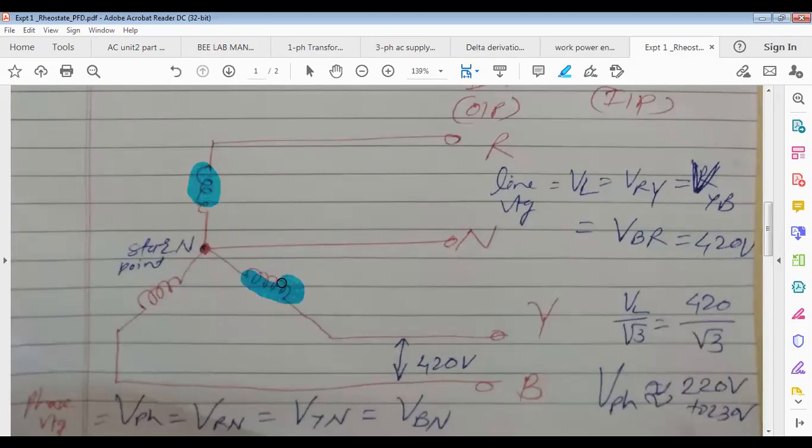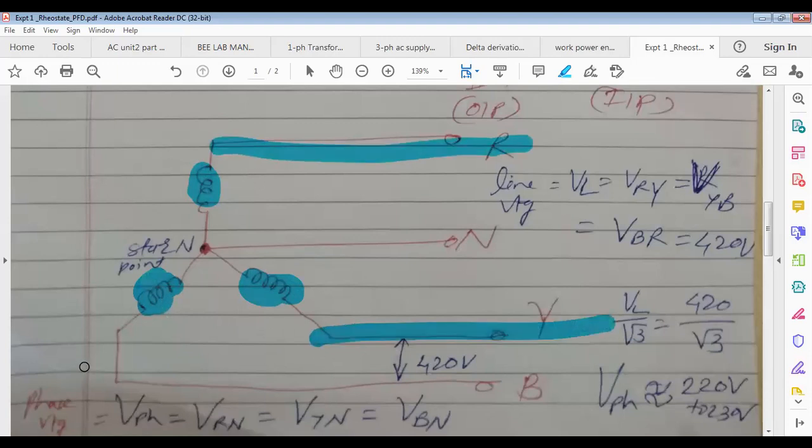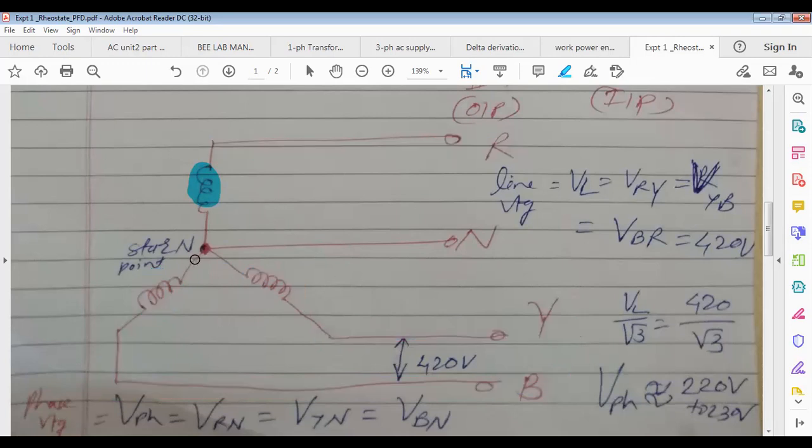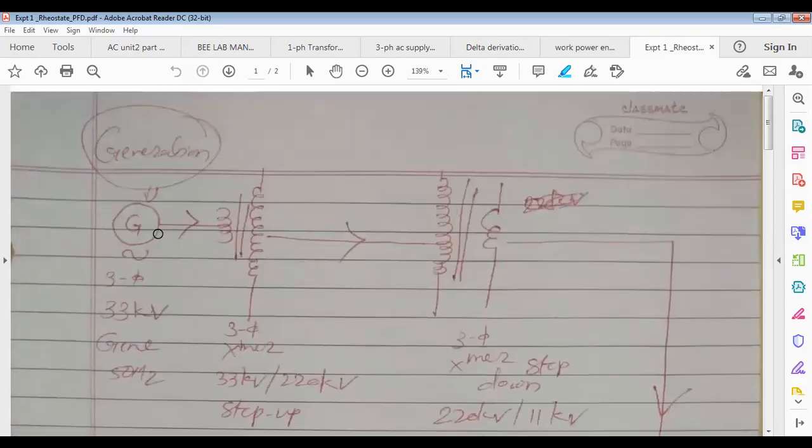Em sin of omega t, Em sin of omega t minus 120 degree, Em sin of omega t minus 240 degree. And these terminals are brought outside. R, Y, B. Neutral also you can tap. Whatever this common point of 3 windings, tap from here 1 wire, and that is called the neutral wire. Okay, clear? Star connection. So like this, the connections of windings you will find here on the stator.